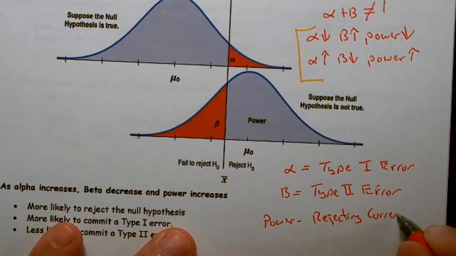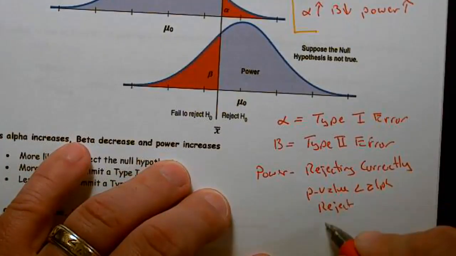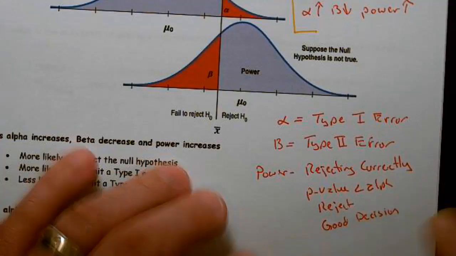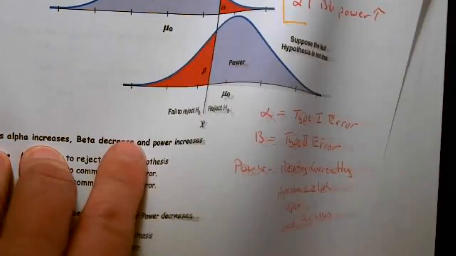You rejected correctly. P-value less than alpha, rejected, good decision. You did the right thing. All right, so that covers that page.